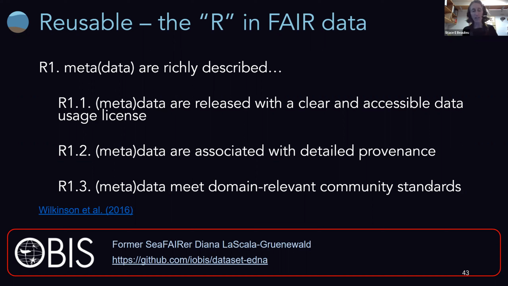Darwin Core is a format standard, but also provides a vocabulary of terms. So Diana is essentially meeting that number 3 bullet on this slide, meeting that community standard so that the data can be reused by others through OBIS.